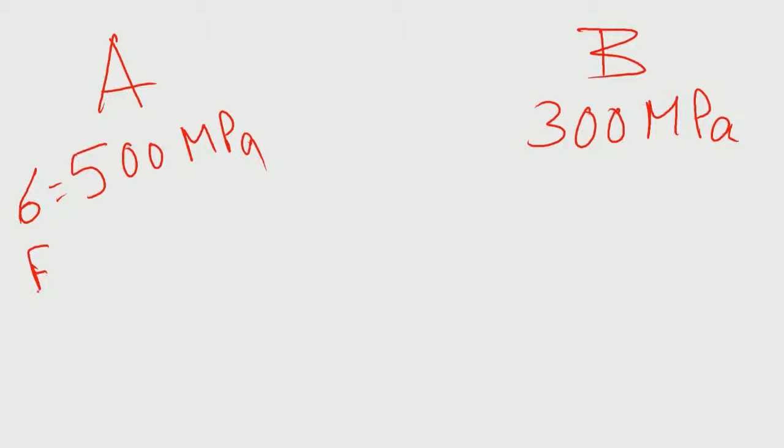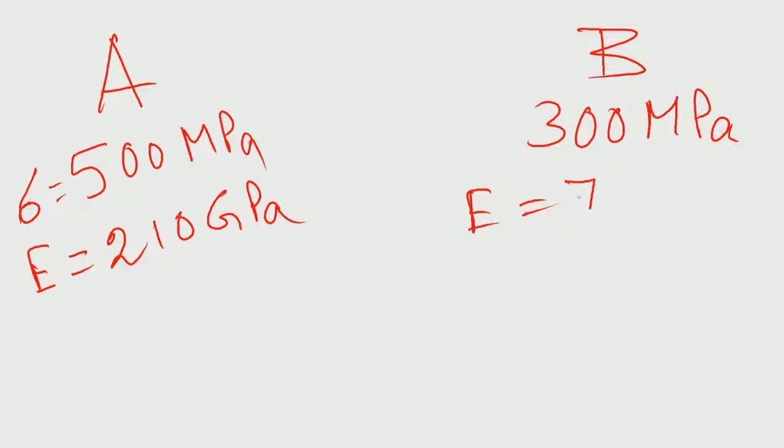Then there is the elastic stiffness, which we typically define by E, the elastic modulus. Let us say A has an elastic modulus of around 210 gigapascal, and B has an elastic modulus of 70 to 80 gigapascal, let us say 70 gigapascal, with sigma of 300 megapascal.